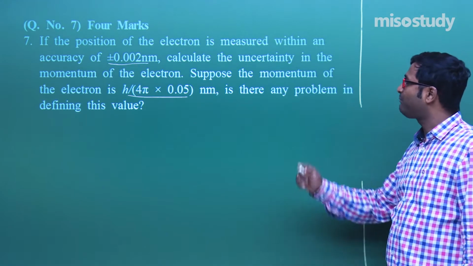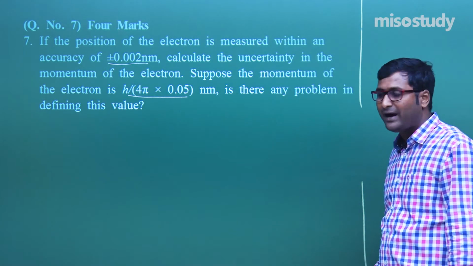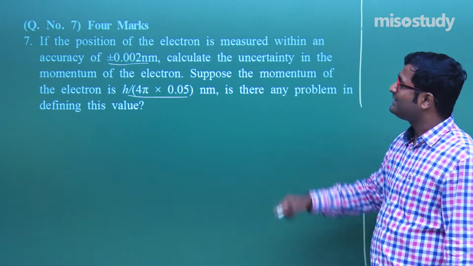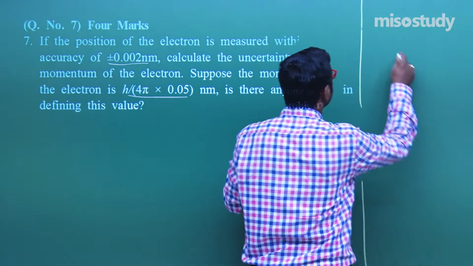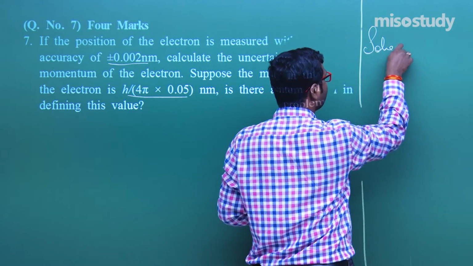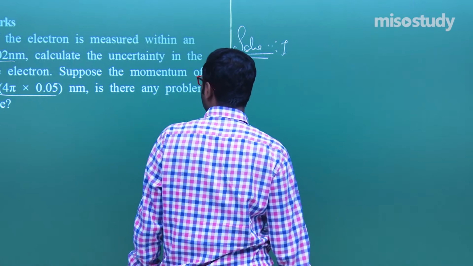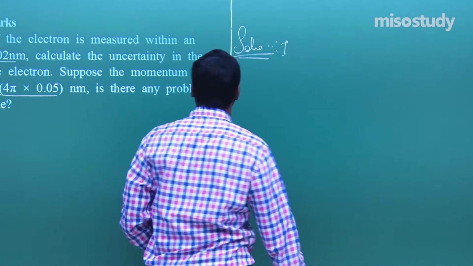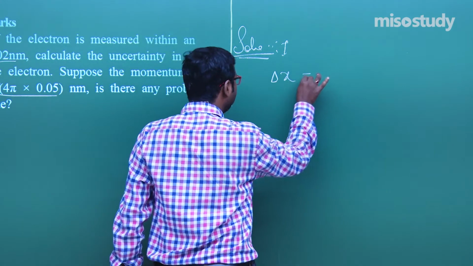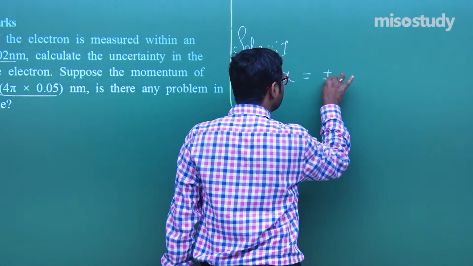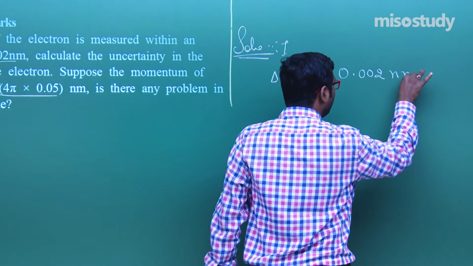Is there any problem in defining this value? First of all, what do we need to find? Calculate the uncertainty in the momentum of the electron. Now, what is given here? Put here solution. Listen carefully. The position of the electron is measured with an accuracy, that is, delta x is equal to plus minus 0.002 nanometer.